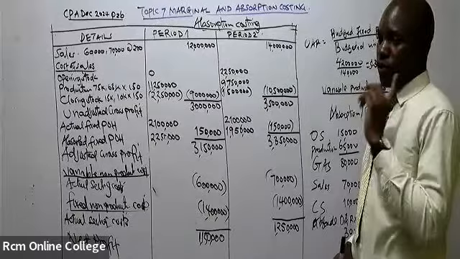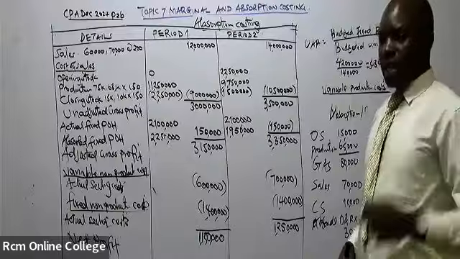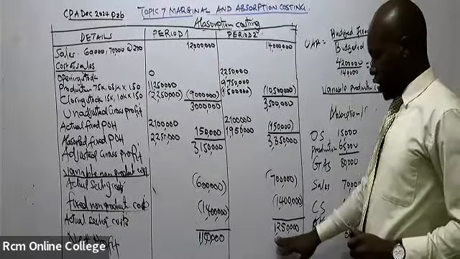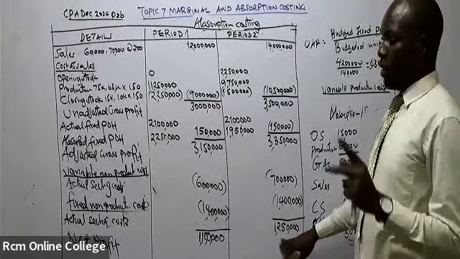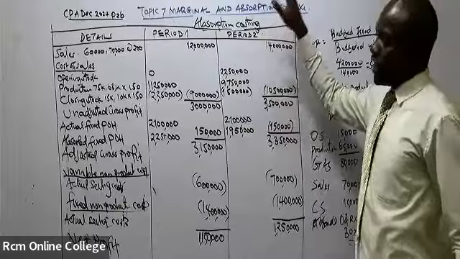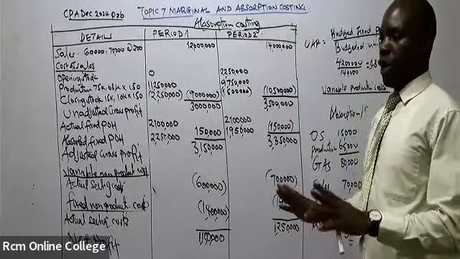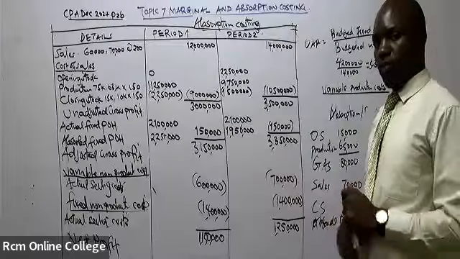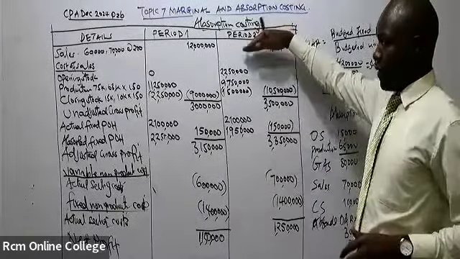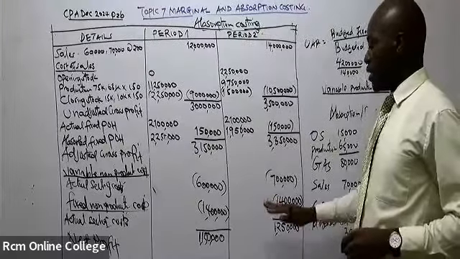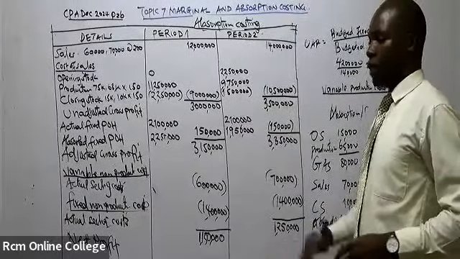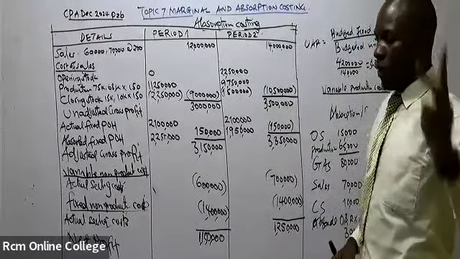So I have a very simple question to you. Why is it that we are getting different net profit under the two methods, yet we are using the same data? If it is opening stock, that is the quantity. If it is sales, that is the revenue. Why are we getting different net profits under the two methods?